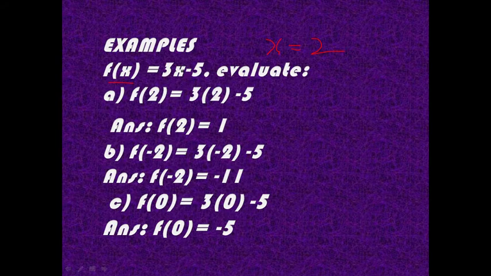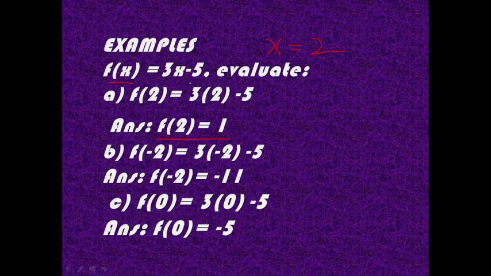So now x is equal to 2, so f of 2 would equal 3 into 2, minus 5. That means 3 into 2, which is 6, minus 5 would be 1. So the answer would be f of 2 equals 1 for this function.